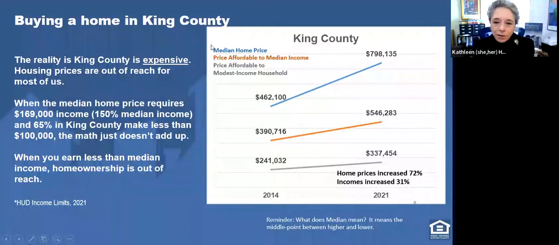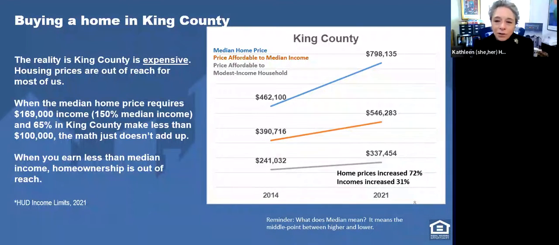Flash forward to 2021, that gap has increased to $440,000. So it's doubled. The gap between what median home prices cost and what is affordable to the people we serve has increased by that much.